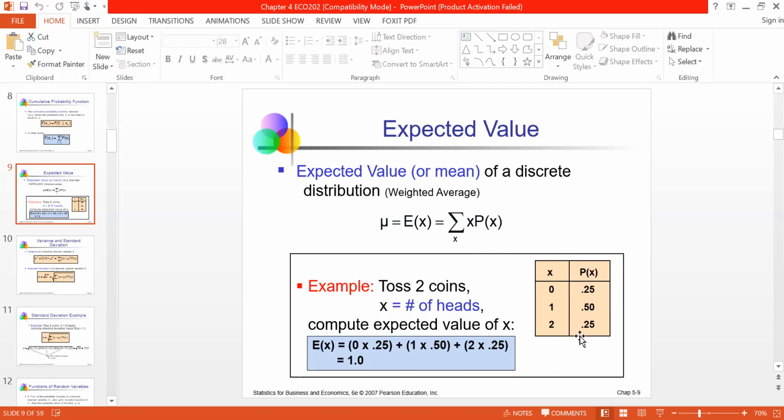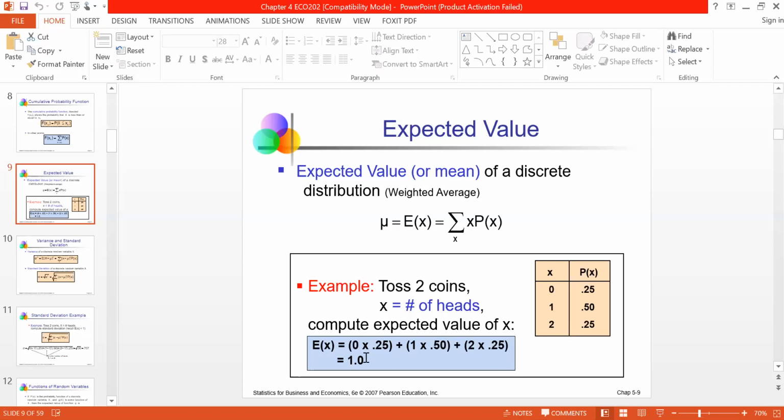Why do you have to add them? Because you have a summation sign. So that is basically the formula for the mean, expectation of x, which is equal to summation of x times probability of x, meaning you are multiplying all the x's with the probabilities and adding them all.